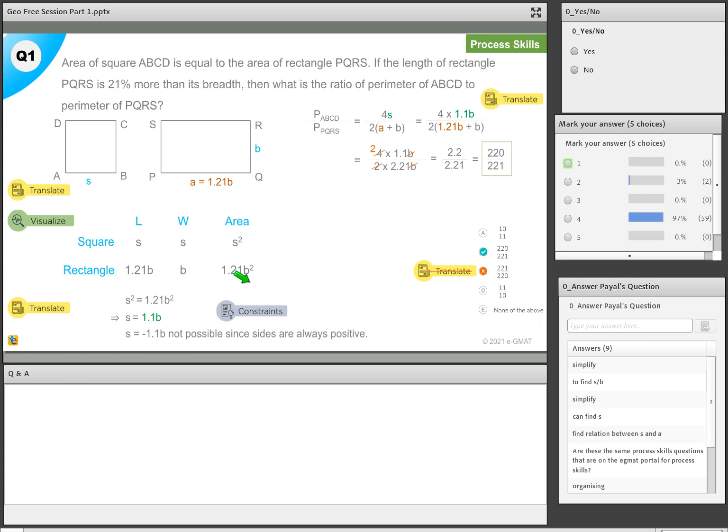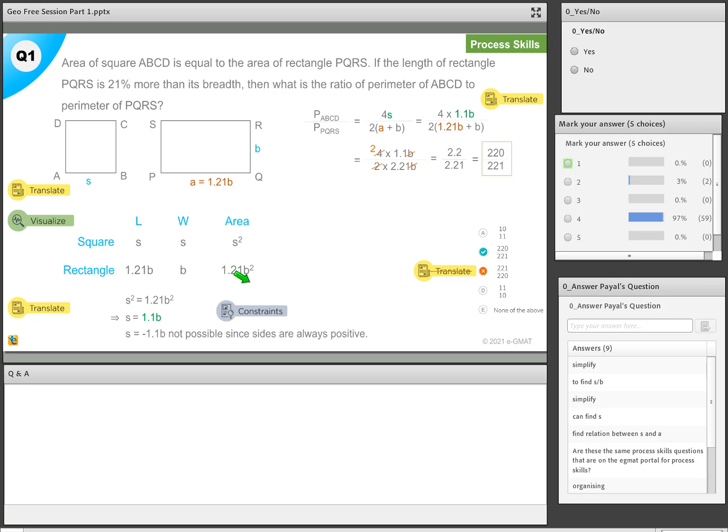Okay, now after this, what you do is you find the ratio of perimeter of ABCD to the perimeter of PQRS. You put in the information over here, get the appropriate information for S divided by 2A plus B. You then observe. Now, there's one thing that I want you to observe here.